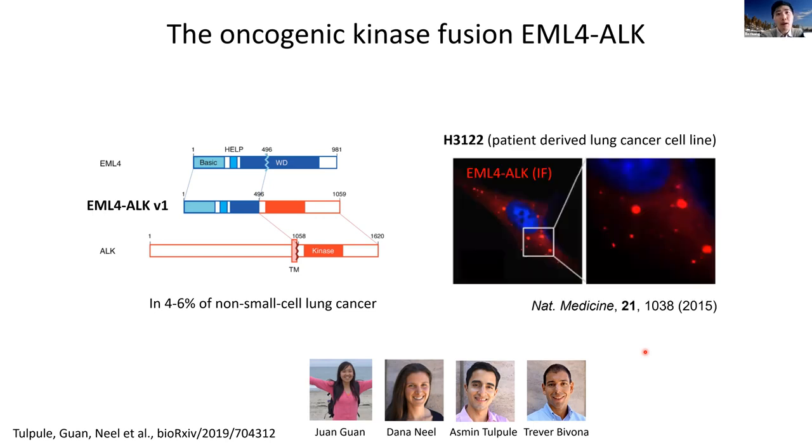From the earlier work in the Bivona lab, they found that the EML4-ALK fusion protein in the patient-derived cell line exists in clusters in the cytoplasm. And it's been puzzling because in the textbook model, everything from receptor tyrosine kinase to RAS happens on the plasma membrane. RAS is post-translationally modified to go to the plasma membrane. How are these cytoplasmic granules connected to RAS signaling activation?